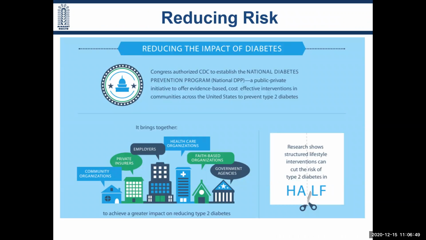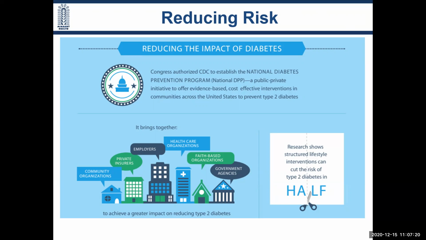In 2010, the Congress authorized the National Diabetes Prevention Program, and this was in response to overwhelming data that the Diabetes Prevention Program reduced the risk of developing diabetes. It says on here by more than half, but it was really a 58% reduction in development of diabetes. And so Congress said, let's make sure we're bringing together all the stakeholders.